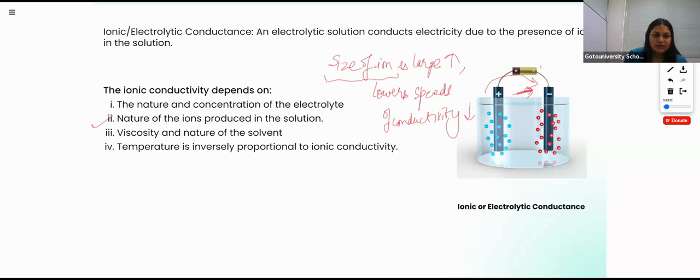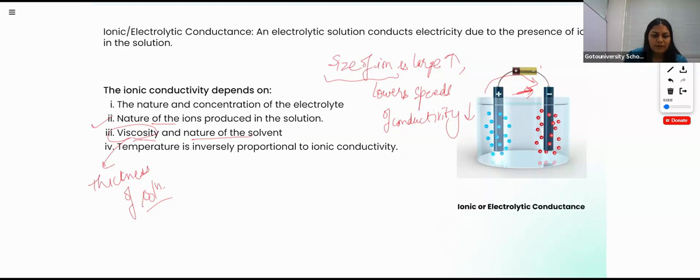What is next? It also depends on the nature of the solvent and viscosity. What is viscosity? It is the thickness of the solution.